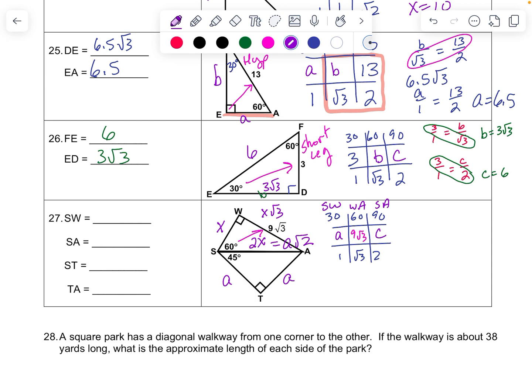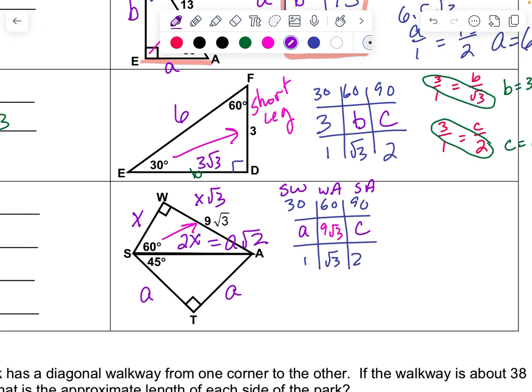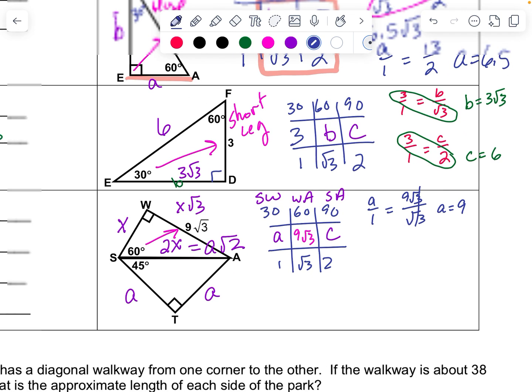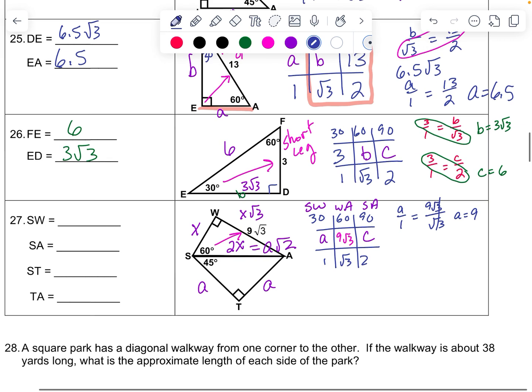All right, let's look for the short leg first. All right, I've got A over 1 equals 9 square root 3 over square root 3. So we're just dividing out the square root 3, giving you A equals 9. All right, so my short leg, that's WS, or SW, is going to be 9.